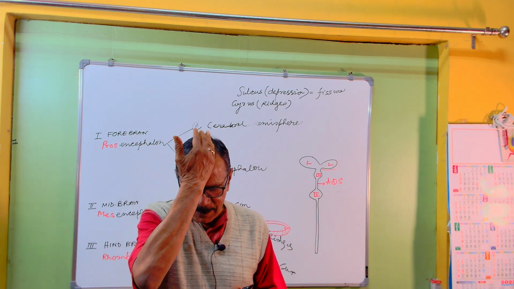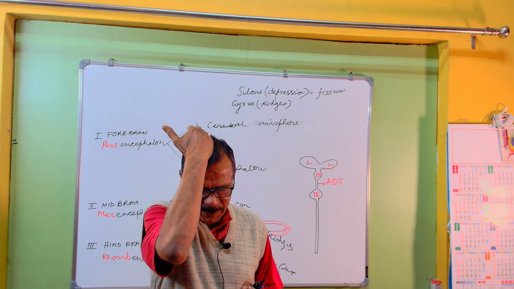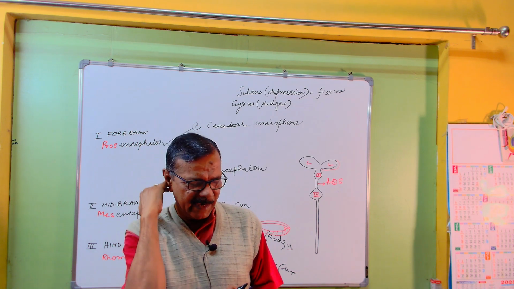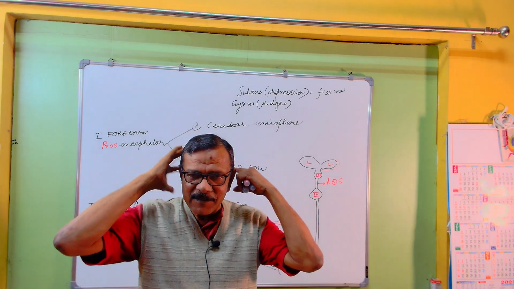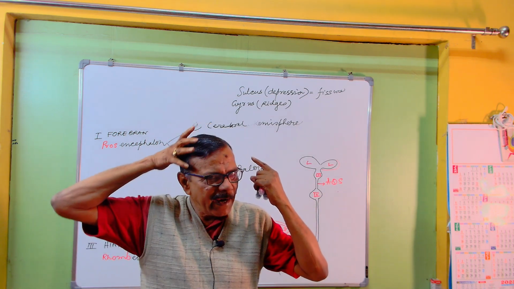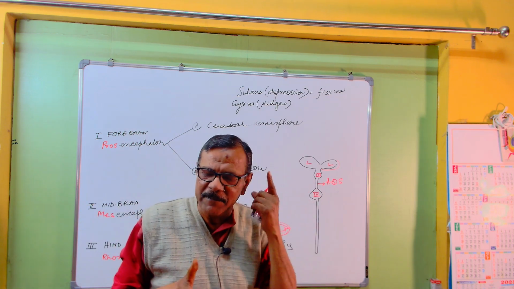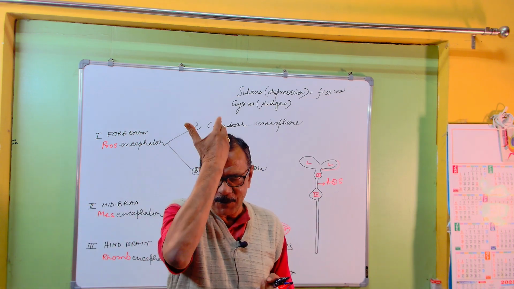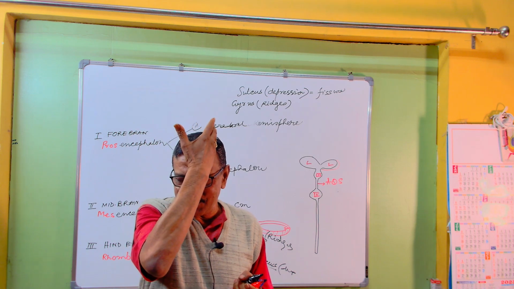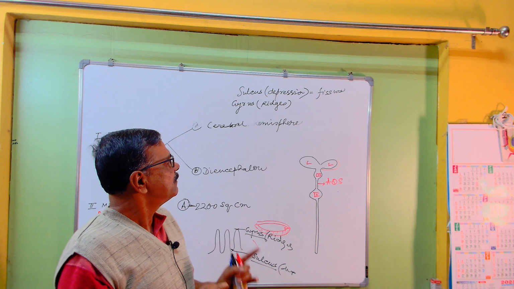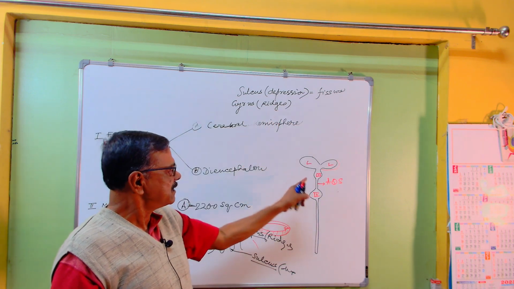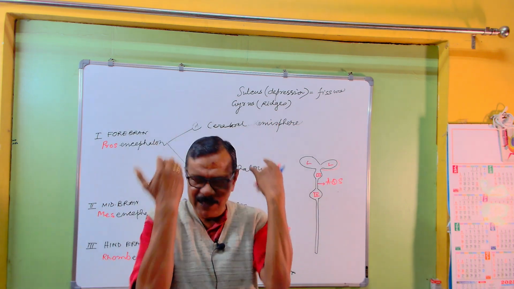Now, think over the hair of the ladies. You will see that they keep half of the hair on this side, half on this side. So this covers the right cerebral hemisphere and left cerebral hemisphere. So think for a moment that this cerebral hemisphere is divided into two.